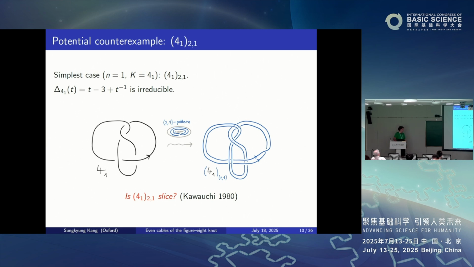So the question reduces to whether the (2,1) cable of the figure 8 is slice. Surprisingly, this kind of question goes back even further than Miyazaki's work in 1994. This question appears in one of the unpublished manuscripts of Akio Kawauchi in 1980. And it has been open ever since until 2022.